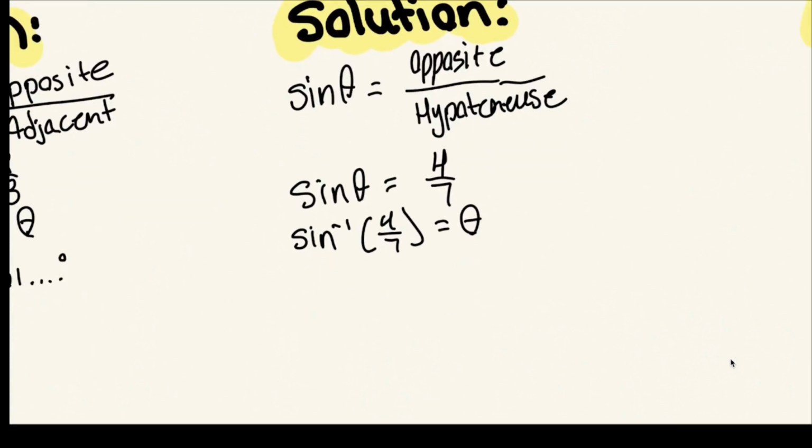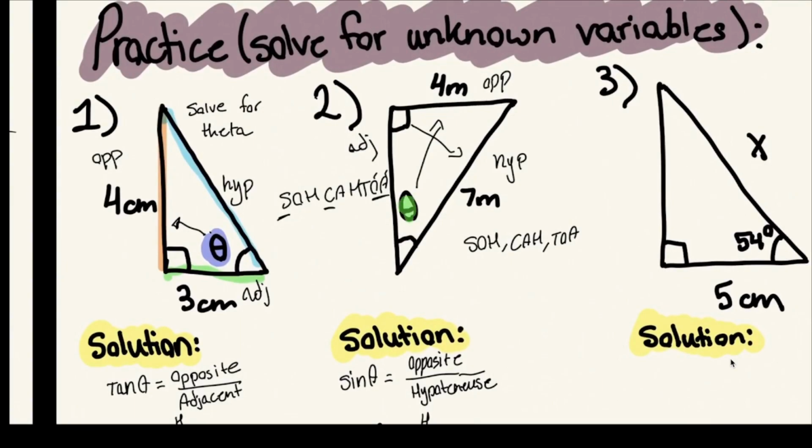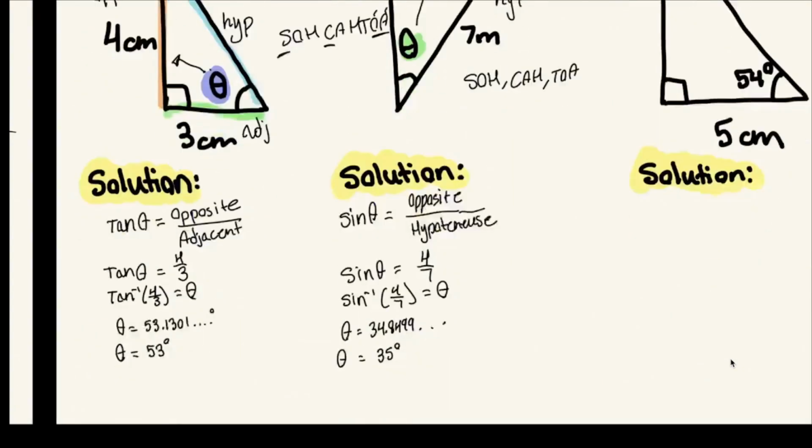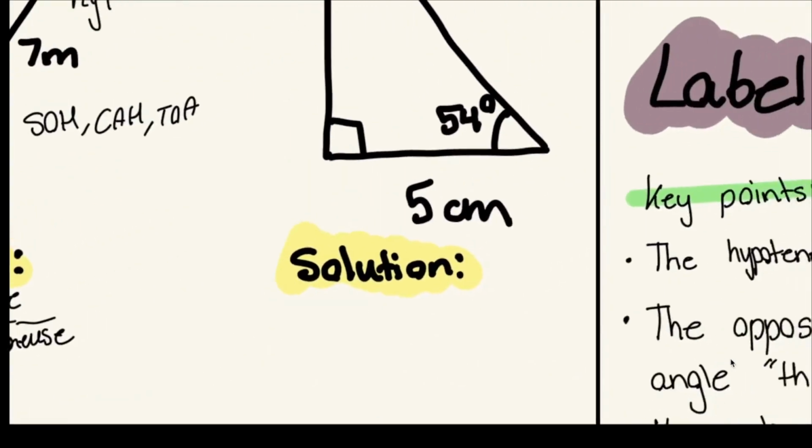So theta equals 34.8499, whatever. Now if we round, theta equals 35 degrees, for example. And then that's what your angle would be. Therefore, this angle right here is going to be 35 degrees, around 35 degrees. Now let's do this one.